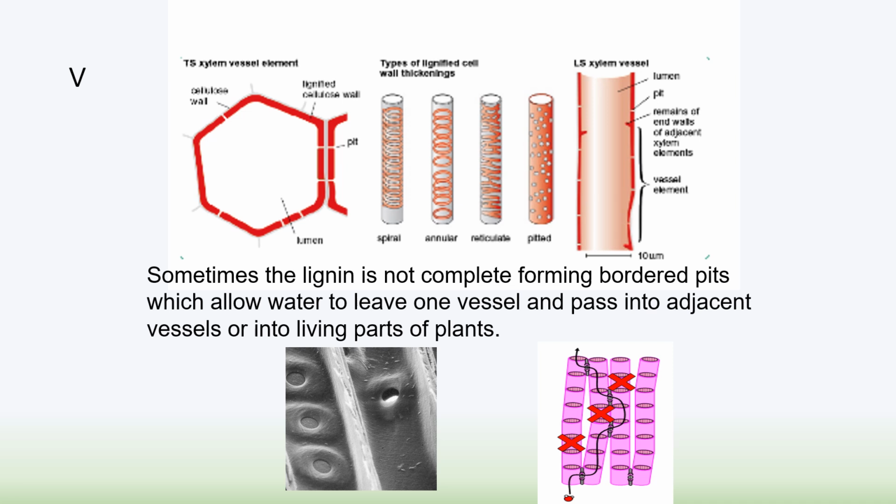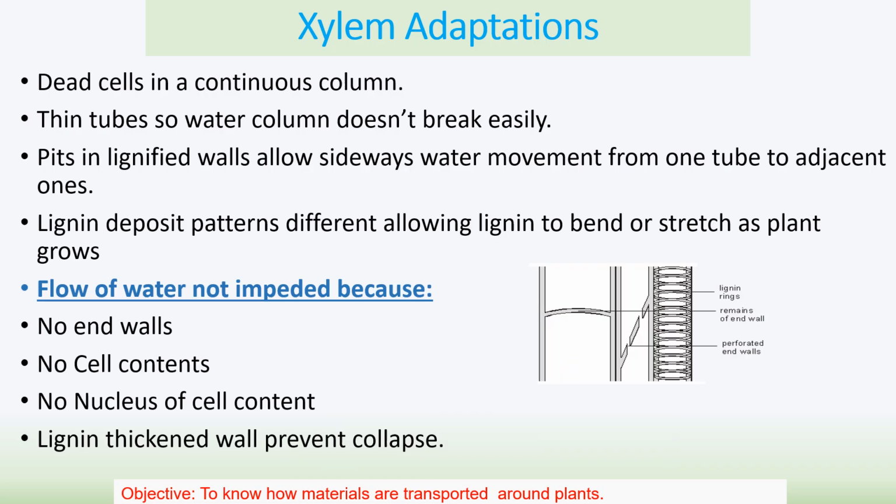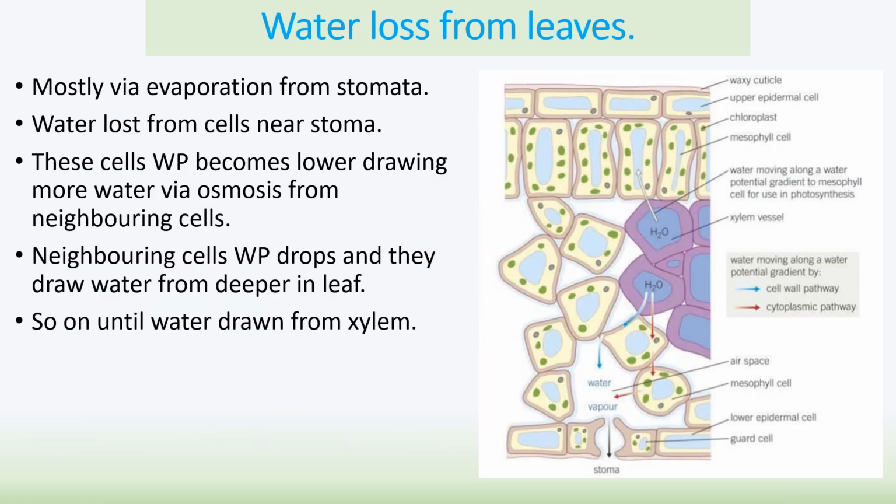The lignin can be laid down in different patterns, allowing different shapes and branches to come off the xylem. So the xylem is dead in a continuous column when mature. They're very thin tubes, so the water column doesn't break easily. Pits in the lignified walls allow sideways movement if the xylem gets blocked, and the lignin allows the bending and stretching of the plant. The key thing is the water is not impeded because there are no end cells and no contents in the cells. They're hollow because they're dead, including no nucleus, and the lignin prevents collapse when pressure changes in the cell.